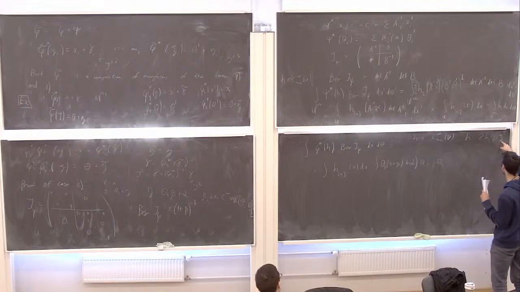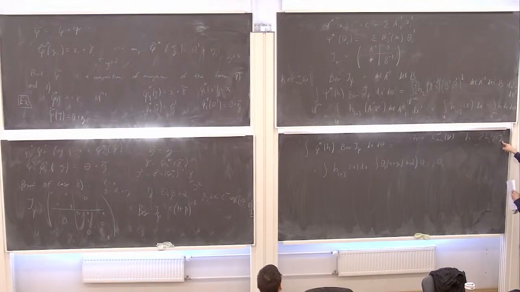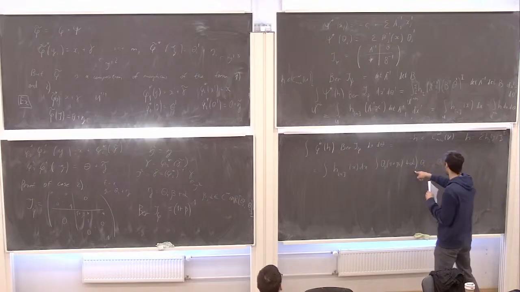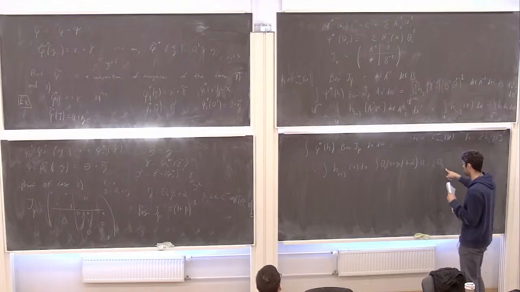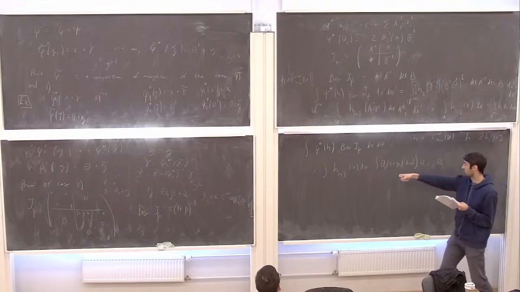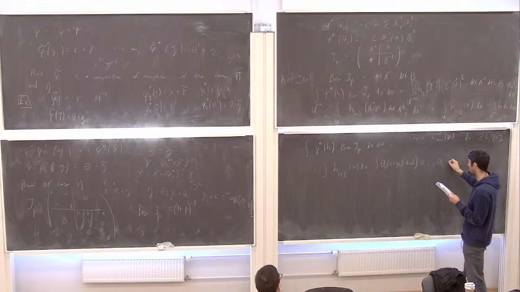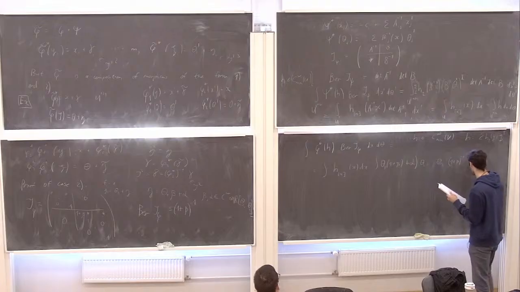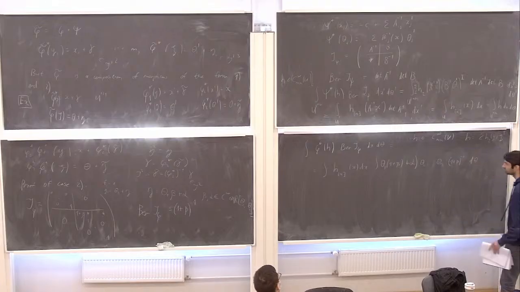Because I'm pulling back psi. So when I'm pulling back psi, psi 1 becomes this, and the rest of the psi's become just thetas. Then I need the Berezinian, which is 1 plus beta inverse. And then I integrate over thetas.